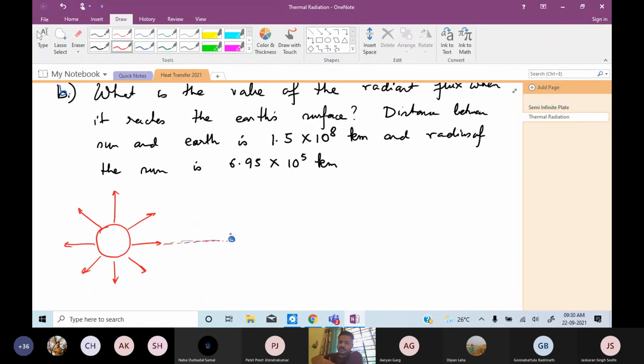So what do you think will happen? At the Sun's surface, we can find out what is the emissive power, either the total emissive power or the monochromatic emissive power. Now the question is, what fraction of that is going to reach the Earth's surface?